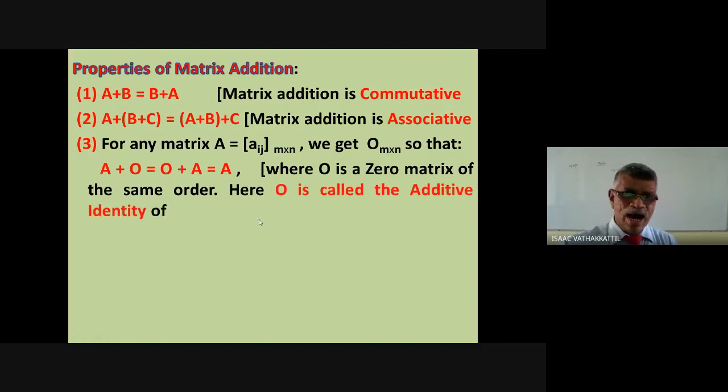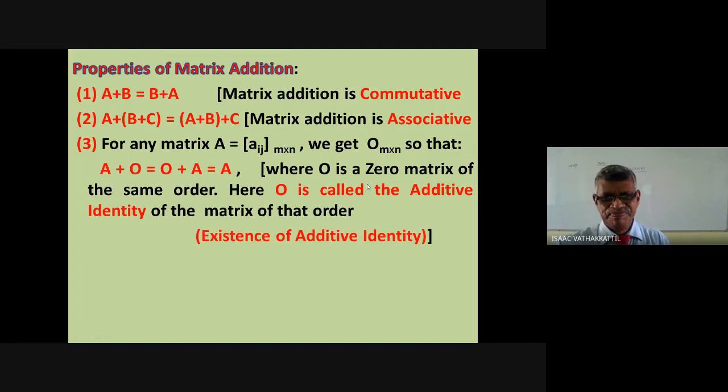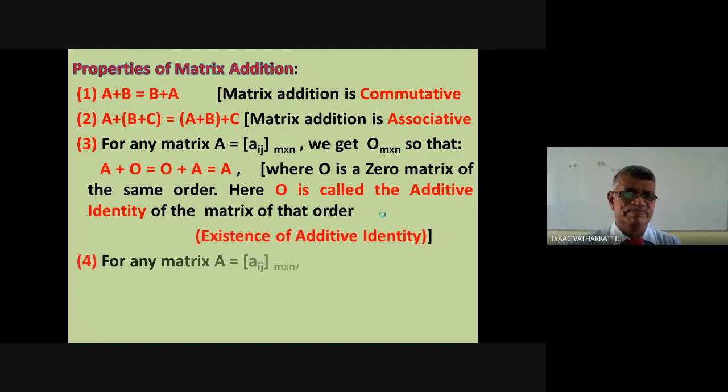O is called the additive identity of the matrix of that order. This O depends on the order of the matrix A. Right? If A is m by n, O is also of the same order m by n. So this is the existence of additive identity.